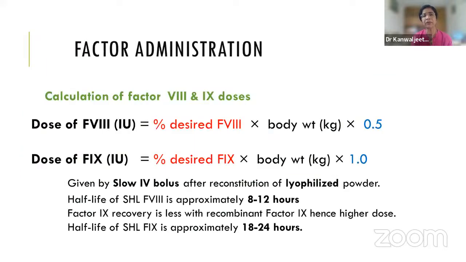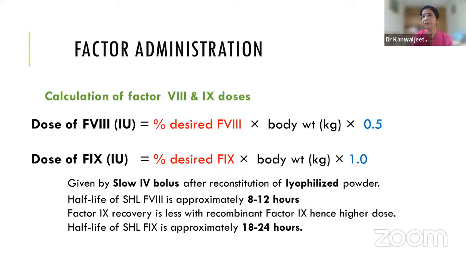How do you calculate your dose? For factor 8 and factor 9, there is a difference. We look at the percentage of desired factor 8, whatever we are targeting: 80%, 100%, 60%, 40%. We use the desired factor 8 or the desired rise in factor 8. It is one and the same thing, because when the patient comes to us with spontaneous bleeding, the levels are already less than 1%.